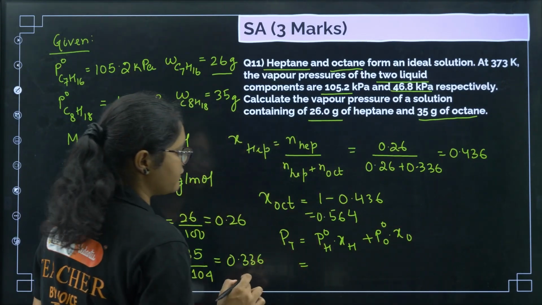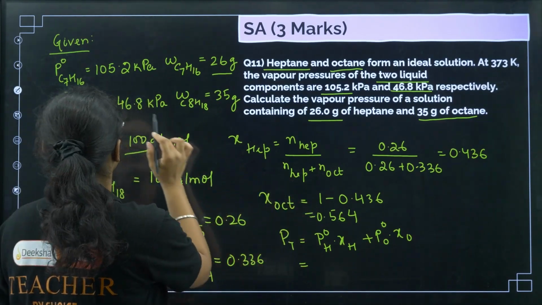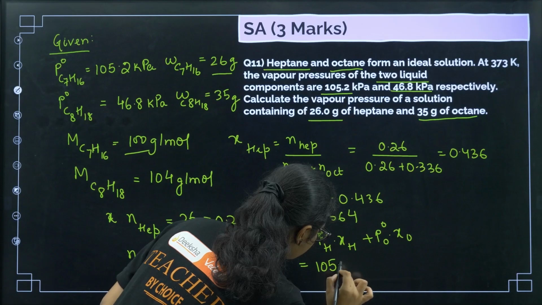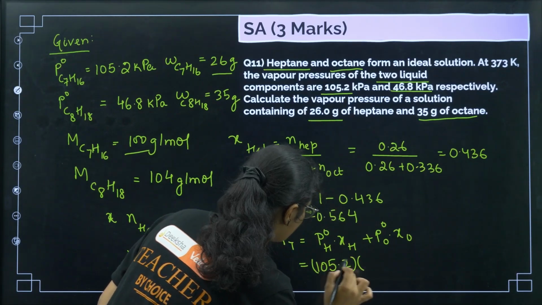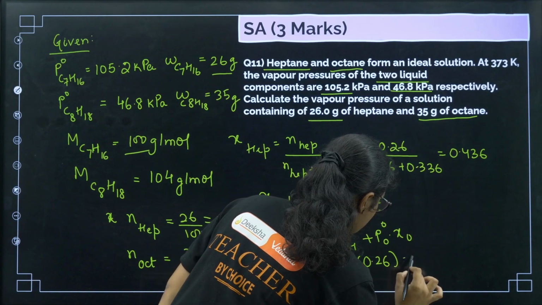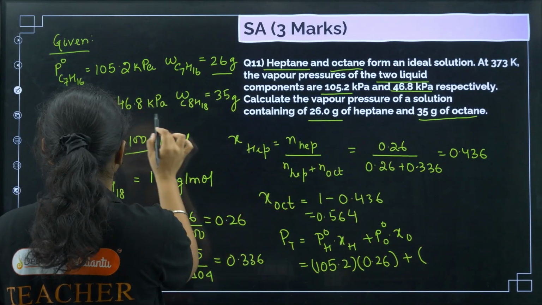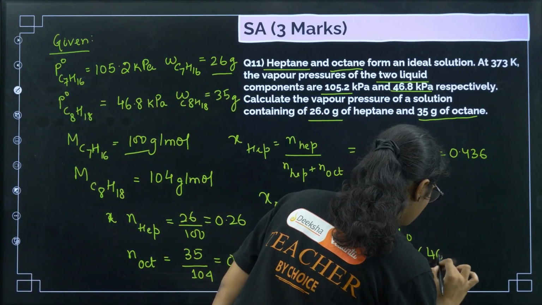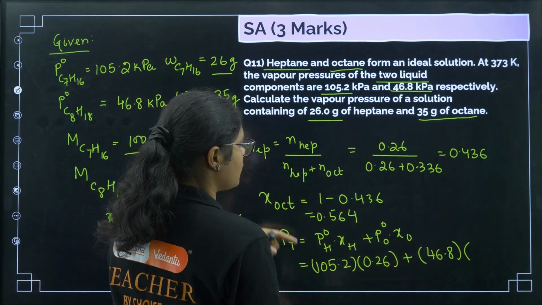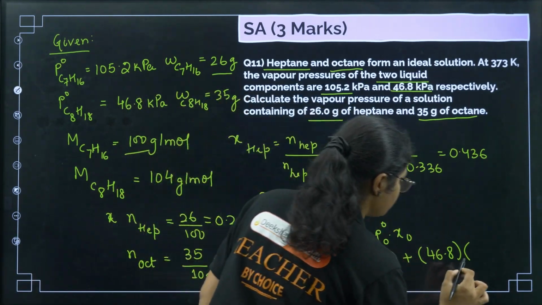Now if I substitute the values, P naught of heptane is 105.2. And what is the mole fraction of heptane? That is 0.26, right. Next, P naught of octane is 46.8, and the mole fraction of octane is 0.564.